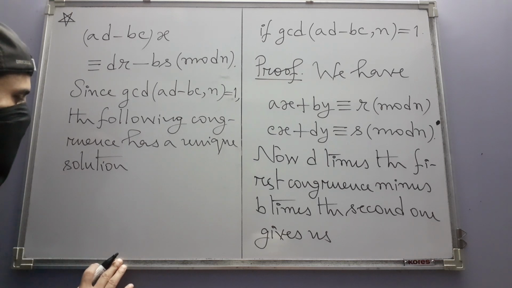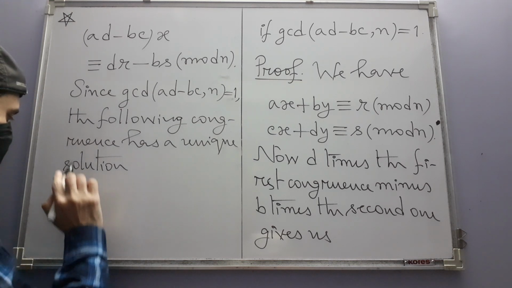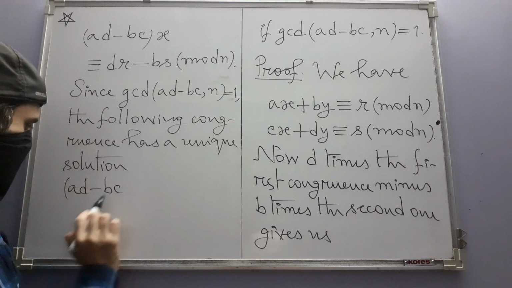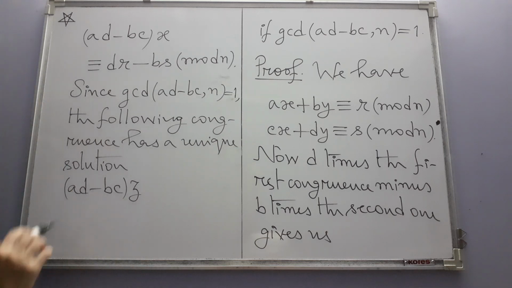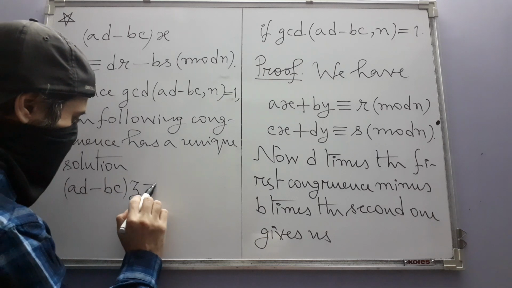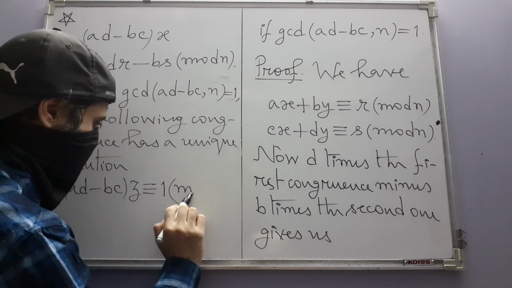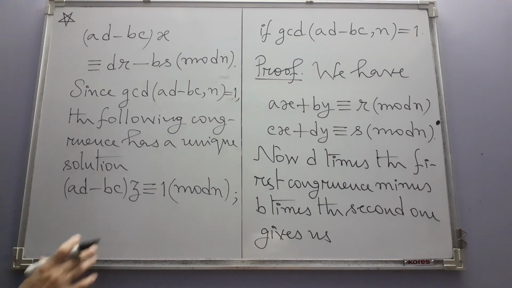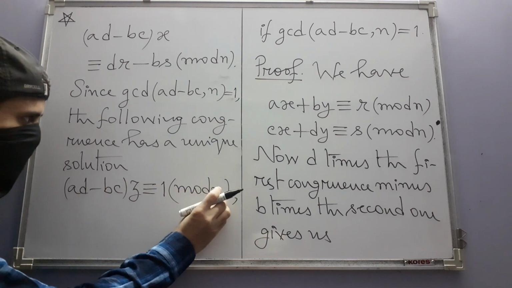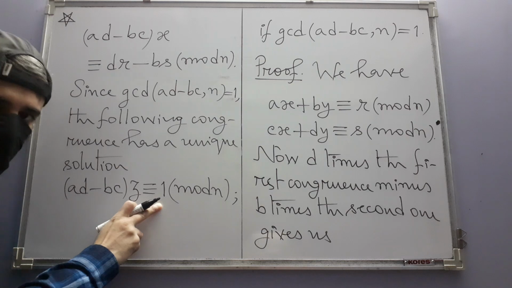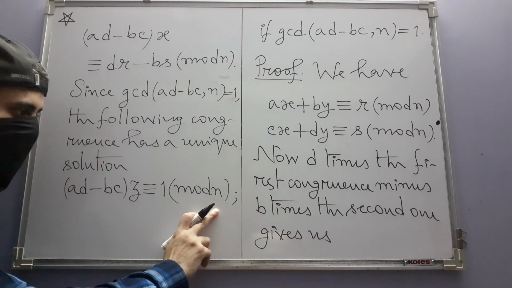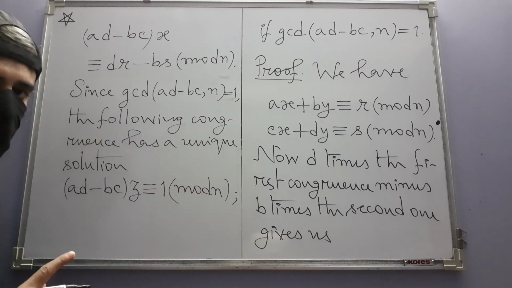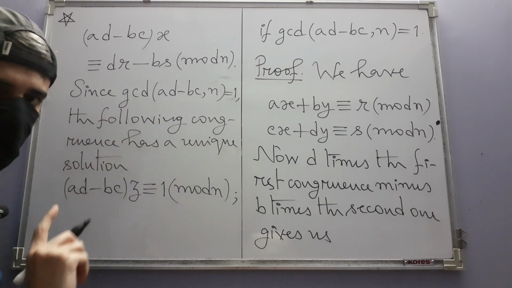This congruence: AD minus BC times Z, so the unknown is Z, congruent to 1 mod n. That's because the GCD of this coefficient and the modulus n is 1, which of course divides 1. So we know that this congruence has a solution, and because this GCD is 1, modulo n there is a unique solution by the corollary, theorem 4.7.